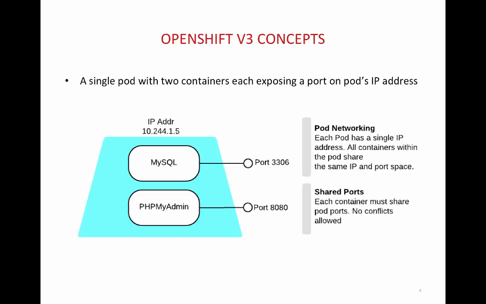The pod gets an IP address, whereas all the containers running inside a pod would share the port space inside that pod. So a pod goes up or comes down at the same time. All the containers inside the pod go down together with the pod or come up together with the pod. So you would put a set of related Docker containers inside a pod.